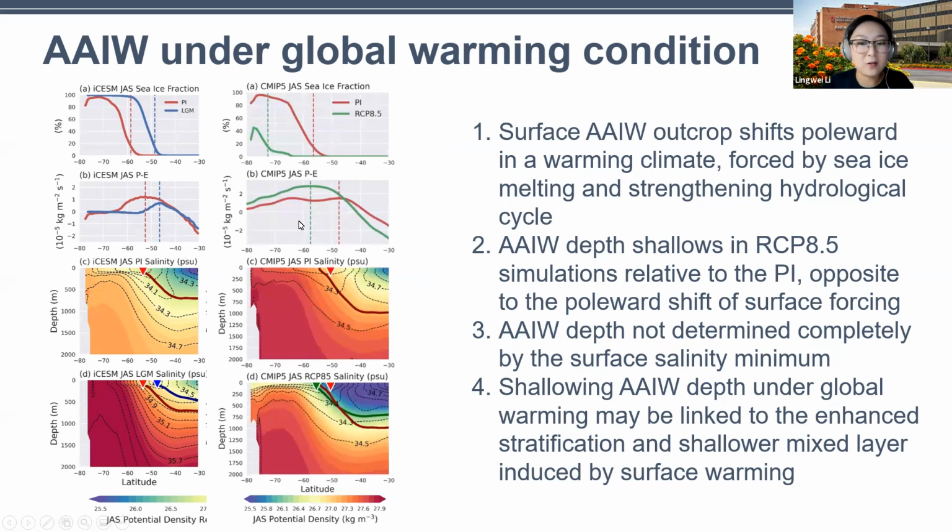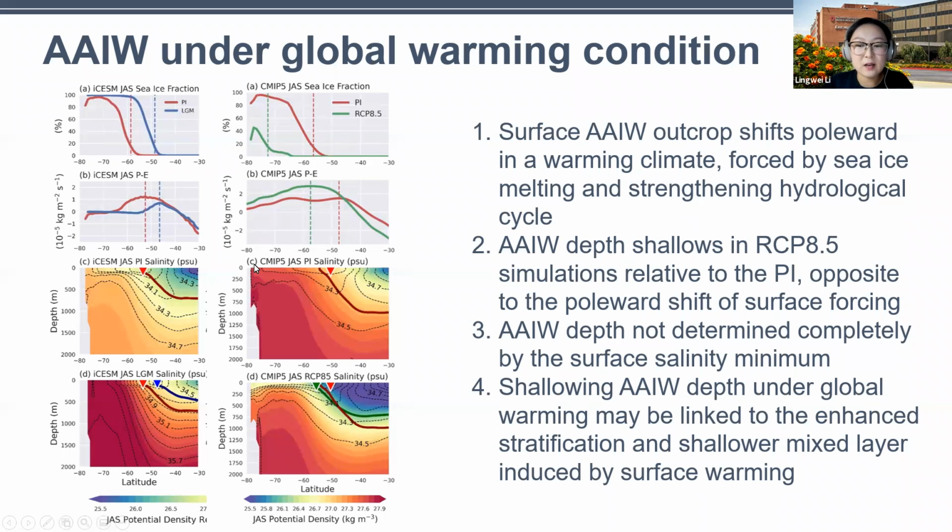Here, the right panel shows the CMIP5 ensemble mean of winter sea ice edge, precipitation, and AIW isopycnals for the PI and RCP 8.5 simulations. Visual comparison between the PI and RCP 8.5 experiments clearly shows a poleward shift of sea ice and precipitation maximum, consistent with the poleward shift of sea surface salinity minimum and AIW.